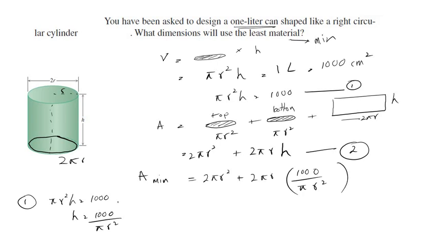We cross off the common terms, and after we cross off, we have 2 pi r squared plus 2000 over r. So now we want to minimize A, right? So what do we do here?